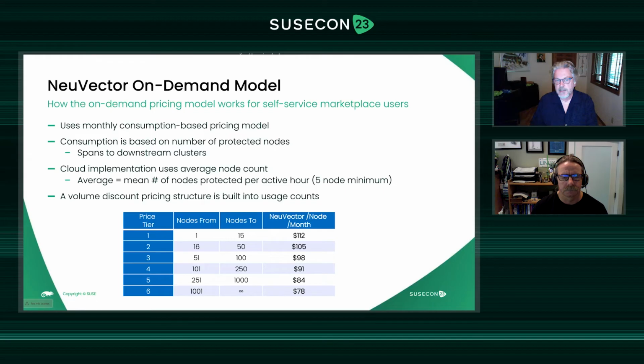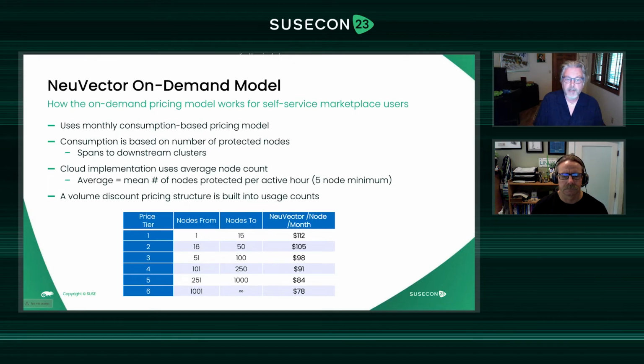So what that means is if I averaged 10 nodes, then my 10 nodes would be $112 per node, and that's what I would get charged. When you get into different counts, say the next month I averaged 18 nodes, all 18 nodes will be charged at $105.